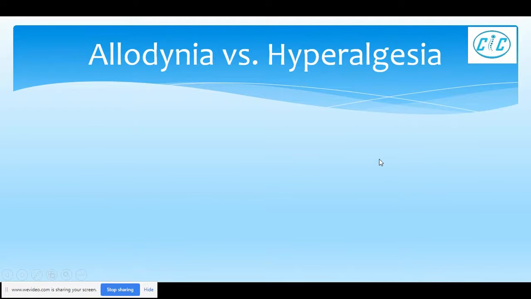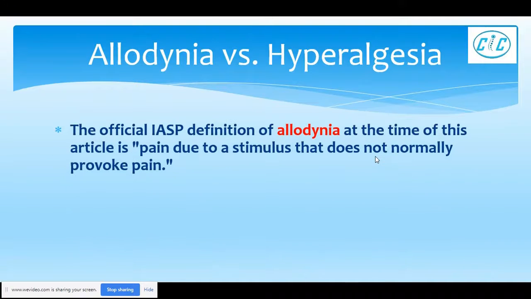But as we talk about the spinothalamic tract, we are going to look at two terminologies, because the paper, the abstract that we are referring to, talks about these two terms: one is allodynia, and the other is hyperalgesia. Based on the IASP definition, allodynia is pain due to a stimulus that does not normally provoke pain.